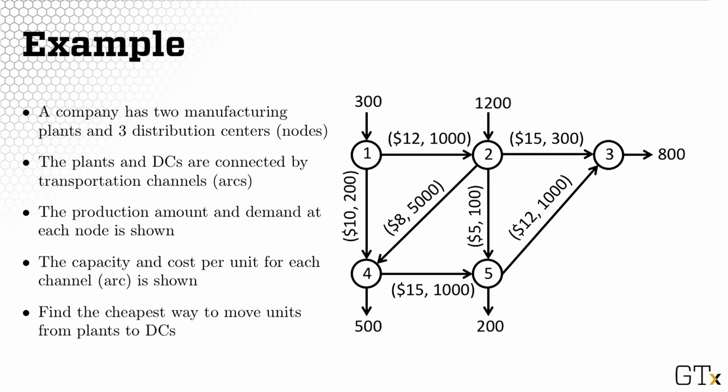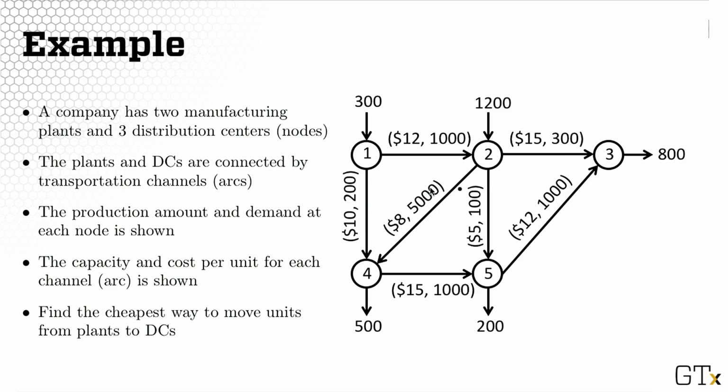So here's an example. A company has two manufacturing plants and three distribution centers. These are going to be modeled as nodes in a particular network. The plants and the distribution centers are connected by transportation channels, which are represented as arcs with directions on this network. The production amount and the demand at each node is shown.